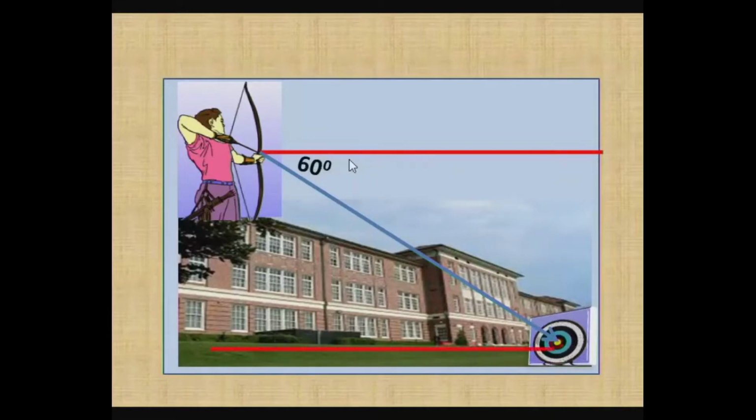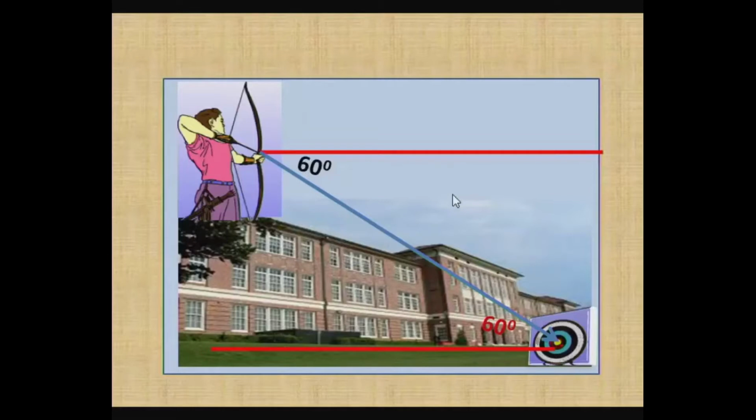Now, those two lines are parallel to each other. Hence, this line of sight will act as a transversal line, and as this angle is equal to 60 degrees, this one is also equal to 60 degrees. Why? Because they are interior alternate angles.